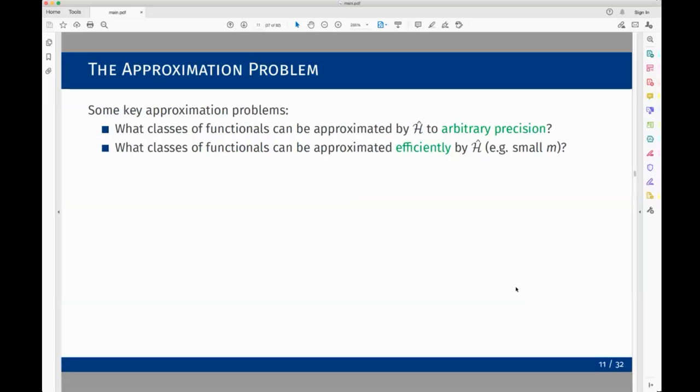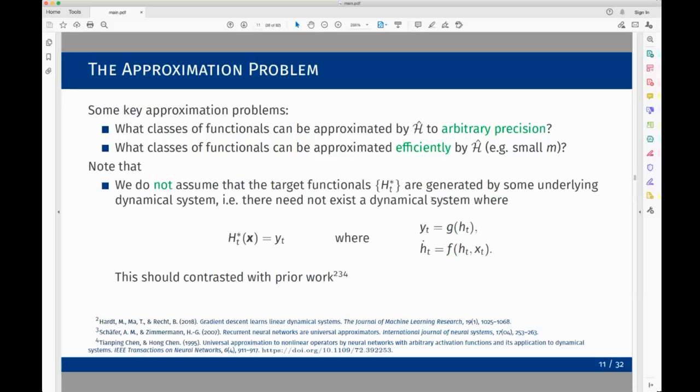This is like the universal approximation theorem we have seen a lot in the case of neural networks or kernel functions, because this is the first-step question. Next, we can further ask what the approximation rate is, or in other words, what classes of functionals can be approximated efficiently by H hat, meaning that we can use a reasonably small size m to approximate the functions accurately. We will answer both questions in our work.